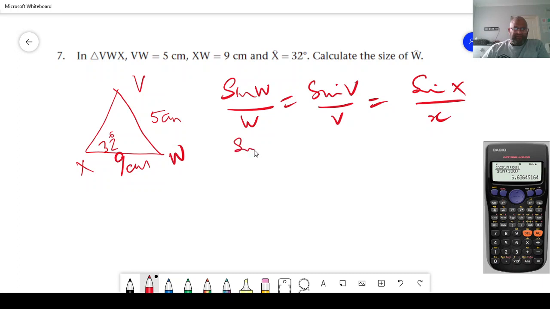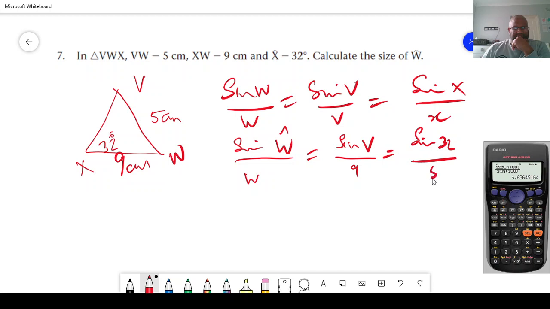So we fill in what we have. Sine W, which is unknown, over lowercase w, which we don't have, is equal to sine of V, which you also don't have, over the length of v, which is 9, is equal to sine of X, which is 32, over 5.